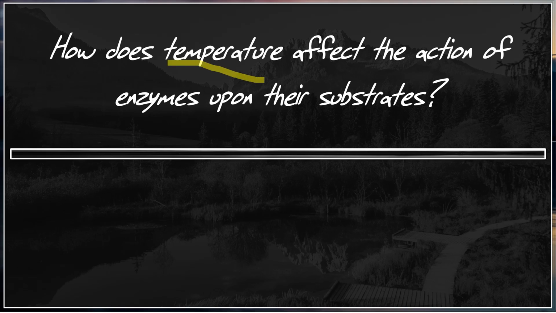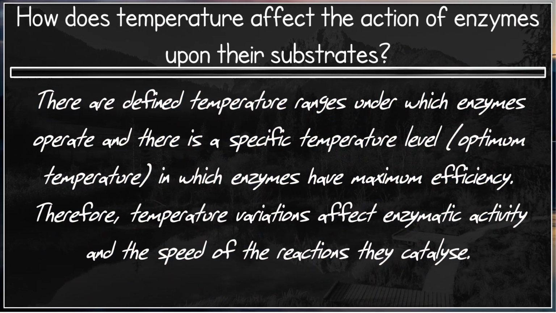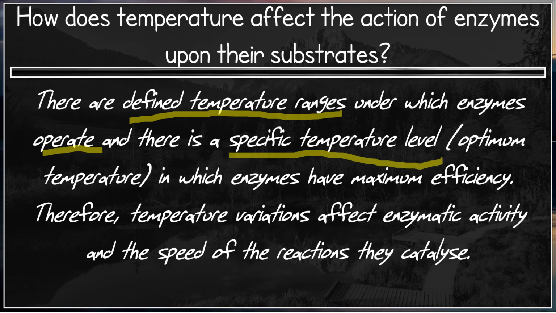How does temperature affect the action of the enzyme upon its substrate? There are defined temperature ranges under which enzymes operate. There is a specific temperature level, which we call the optimum temperature, at which the enzymes have maximum efficiency.